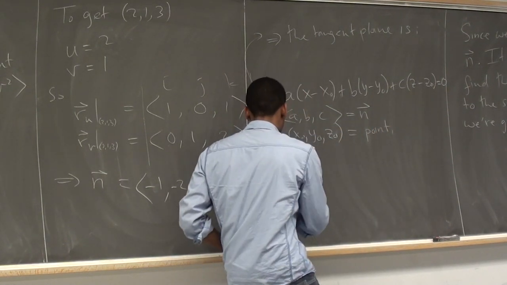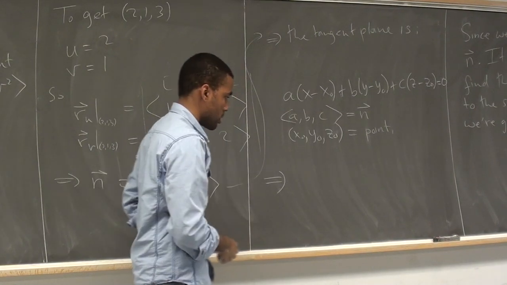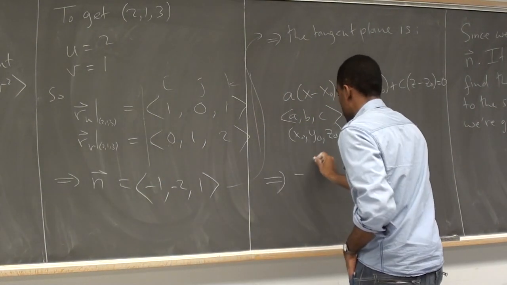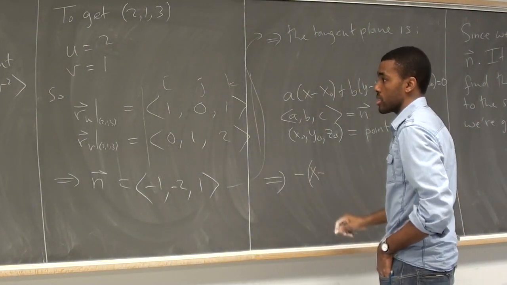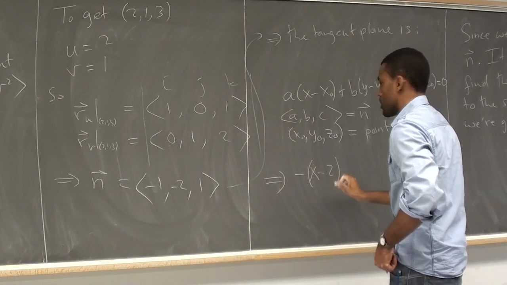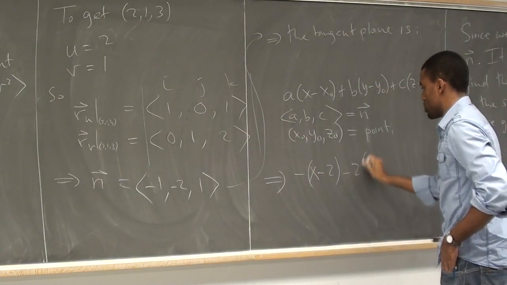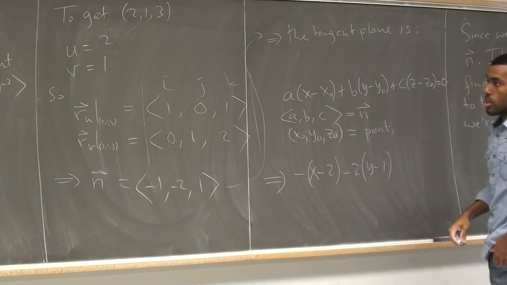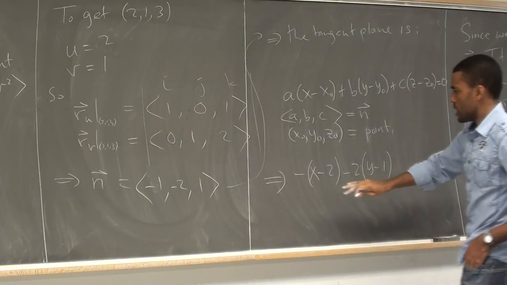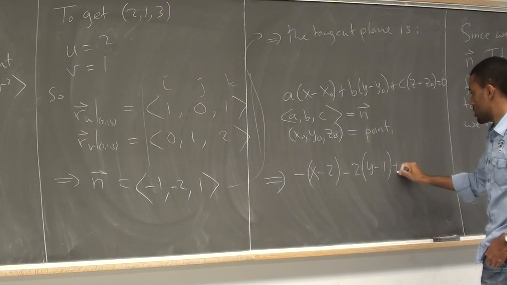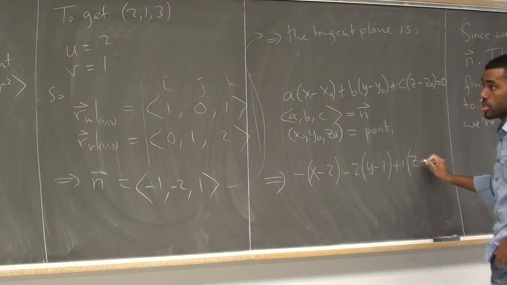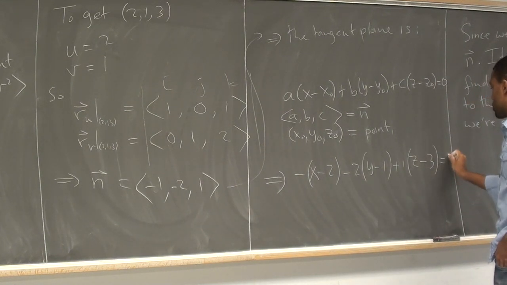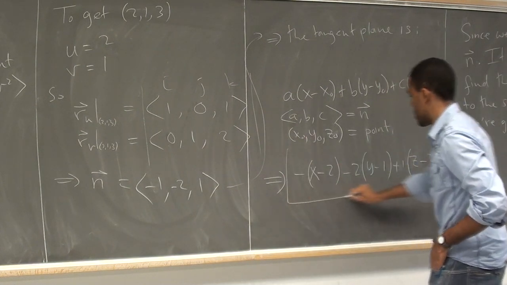So let me ask again, what does the tangent plane look like? Negative 1 times x minus 2, minus 2 times y minus 1, and 1 times z minus 3 equals 0. This is the tangent plane.